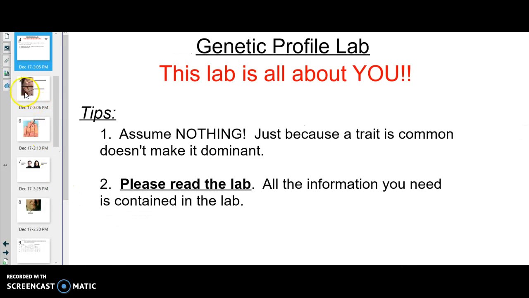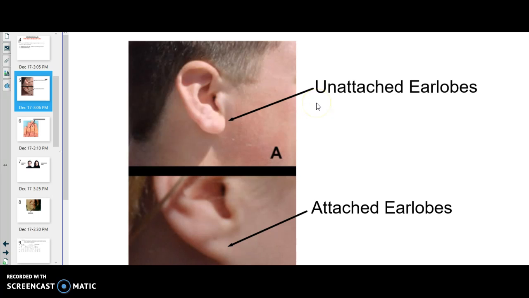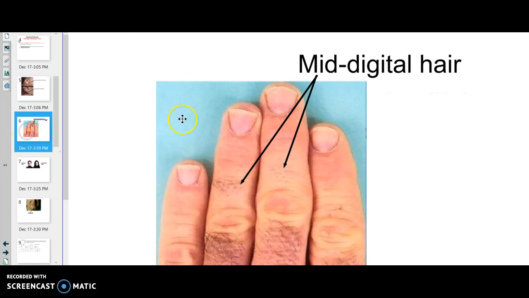First of all, attached earlobes. As you can see here, this would be an unattached earlobe, and attached earlobes don't have an actual lobe, they just connect directly to the side of your head. Next up is something called mid-digital hair.